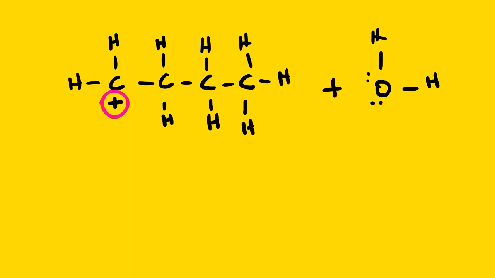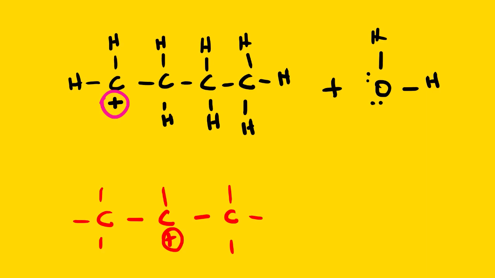The reason why we say it is a primary carbocation ion, you can see that this carbocation ion is only bonded to one other carbon. An example of a secondary carbocation ion would be something like this. This is actually a secondary carbocation ion.